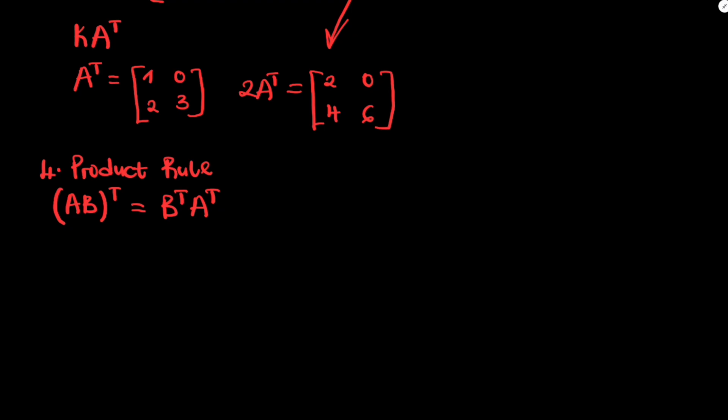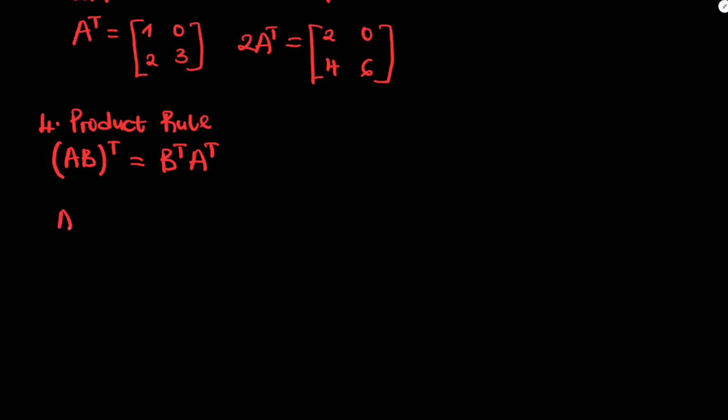So in this property, the transpose reverses the order of multiplication. So let's have A equal to 1, 2, 0, 3, and we have B equal to 4, 1, 2, 5.